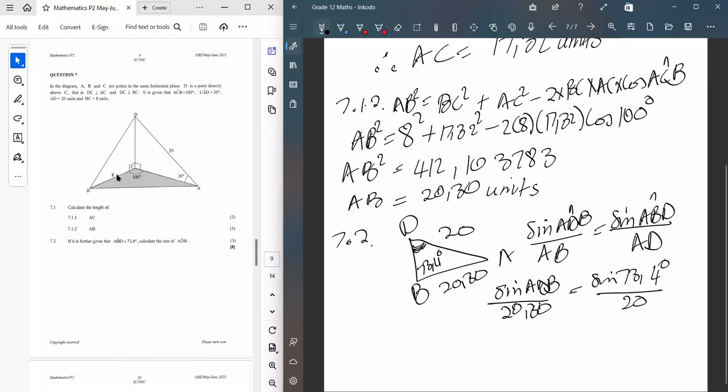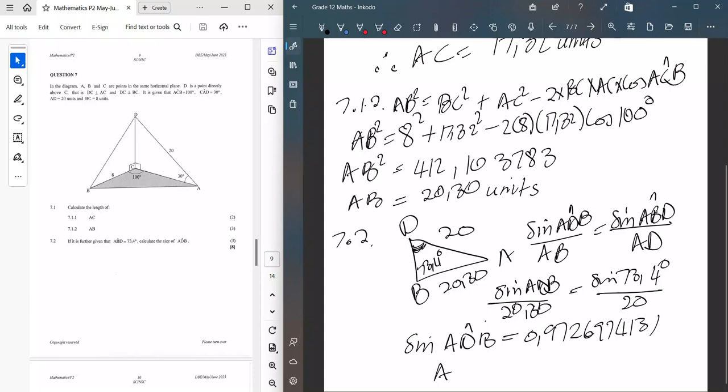So this will become 20 times sine 73.4 over 20,30. So sine angle ADB is equal to 0.972697413.